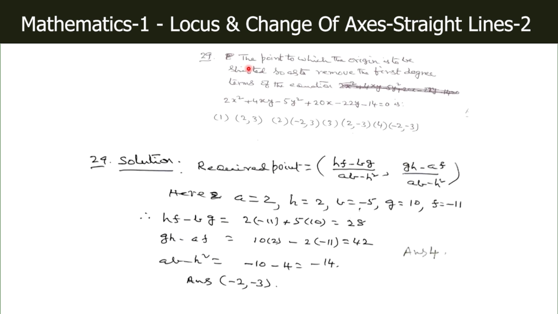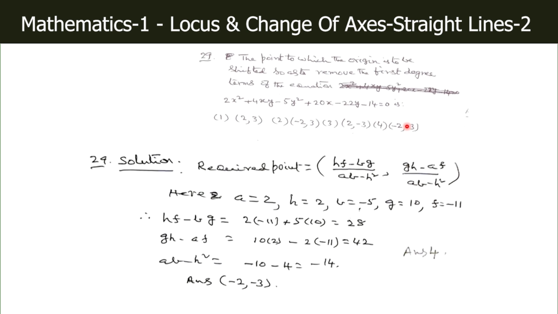The point to which the origin is to be shifted so as to remove the first degree terms of the equation 2x square plus 4xy minus 5y square plus 20x minus 22y minus 14 equal to 0 is: option 1, 2, 3; option 2, minus 2, 3; option 3, 2, minus 3; and option 4, minus 2, minus 3.